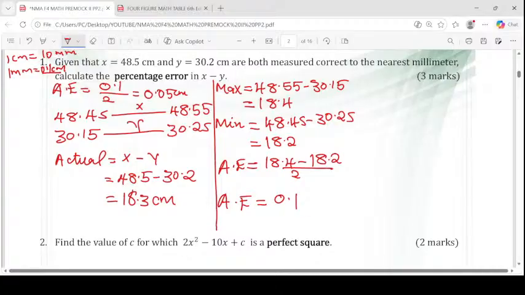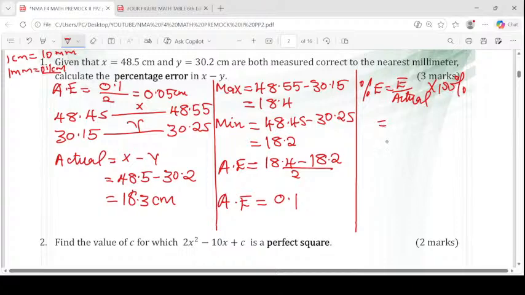After getting this as our absolute error, ladies and gentlemen, we are now going to get what is called the percentage error. The formula for percentage error is the error over the actual value times 100%.